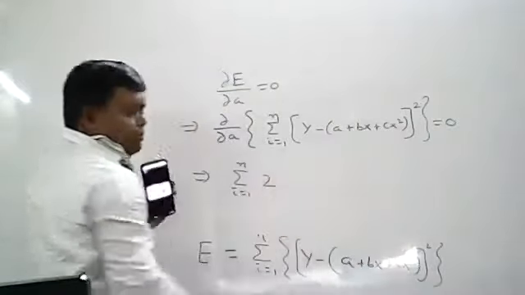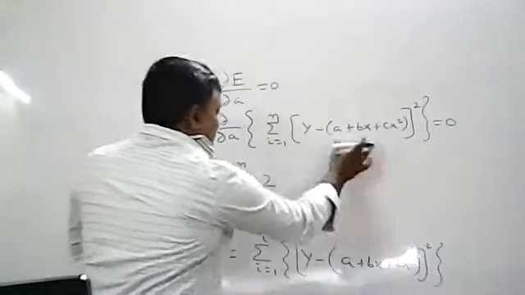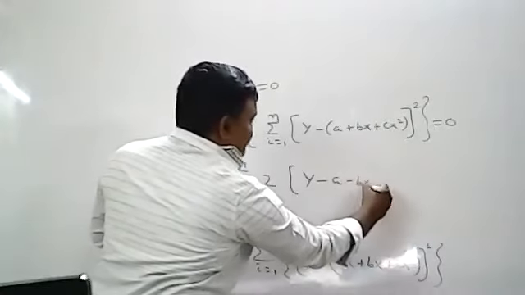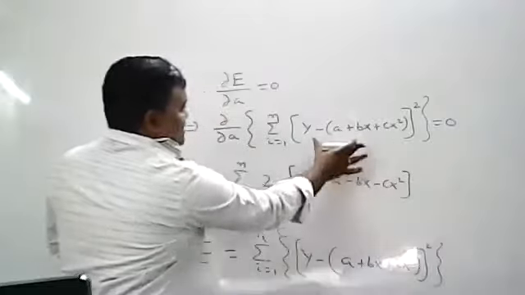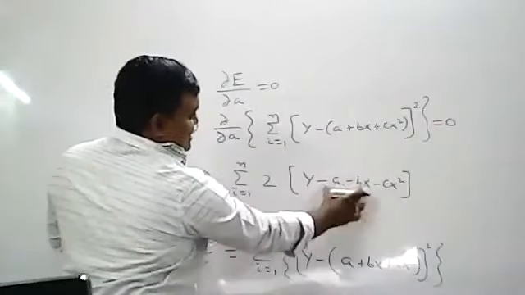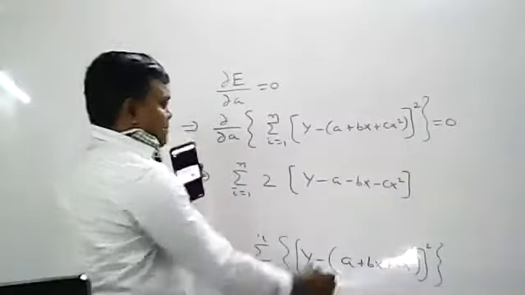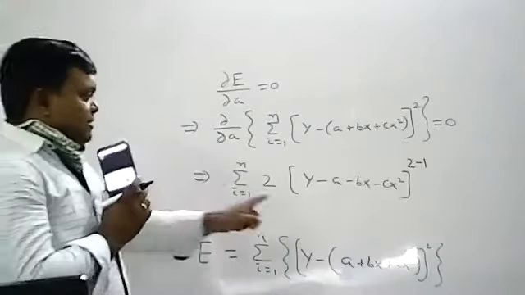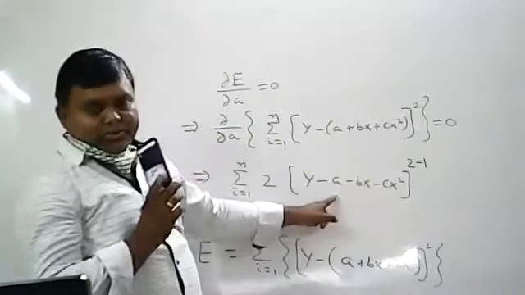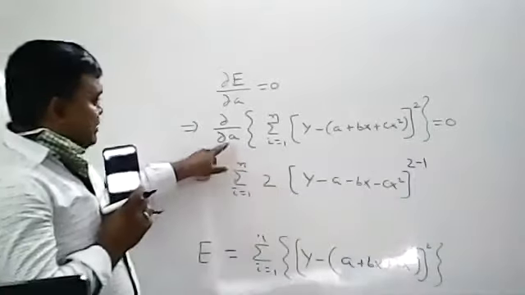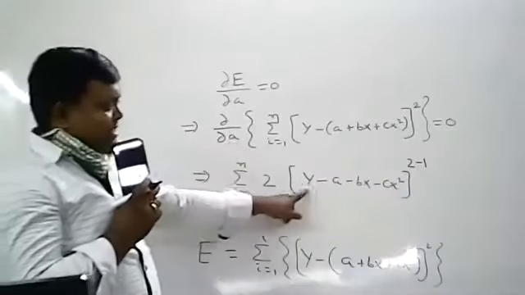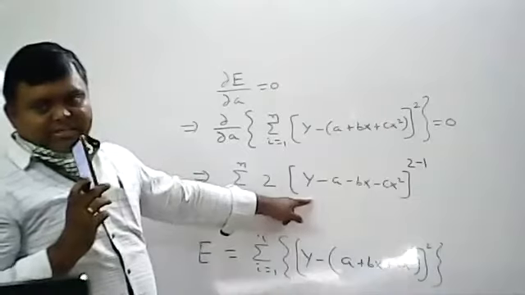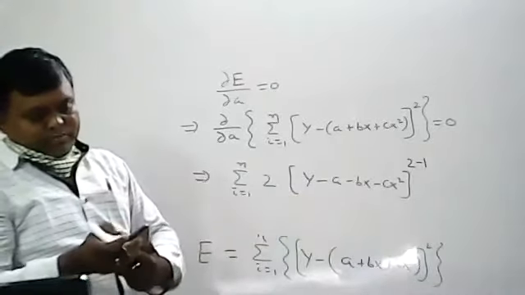The x power n formula is n into x power n minus 1, so here 2 into the bracket. The bracket is the total value, y minus a minus bx minus cx square. Multiply with minus, and then automatically it becomes 2 minus 1.